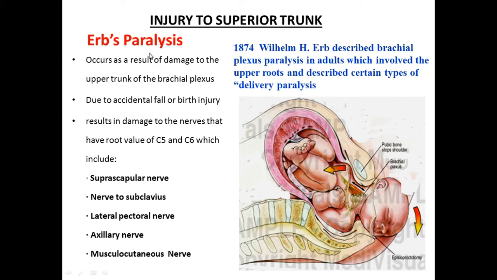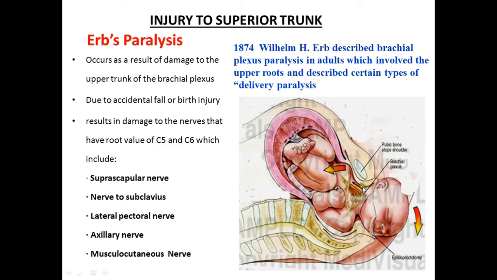Erb's paralysis, first of all, occurs as a result of damage to the upper trunk of the brachial plexus. Upper trunk, just remember, due to an accidental fall or birth injury, when the baby is born by a wrong method, the head is pulled at a wrong angle and it may cause injury to the brachial plexus.